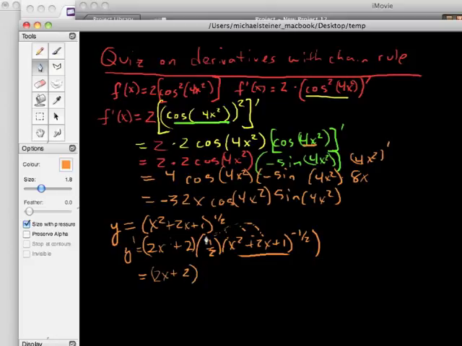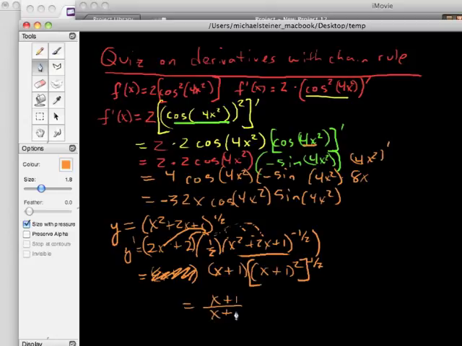Well, we could distribute this 1/2 over 2x plus 2, no problem, and get x plus 1, and then this is just x plus 1 squared, raised to the negative 1/2 power, which is x plus 1 to the negative 1 power. So this is x plus 1 over x plus 1, and it's equal to 1.